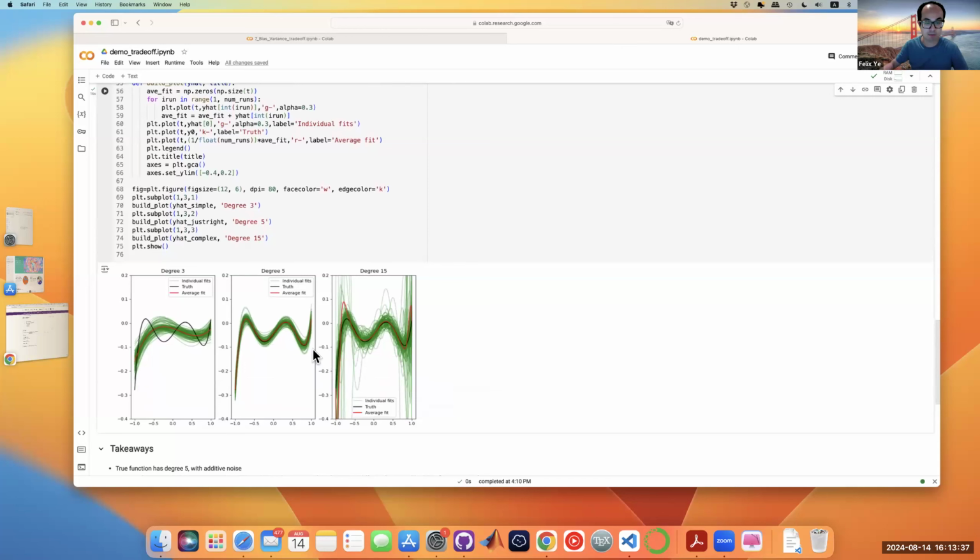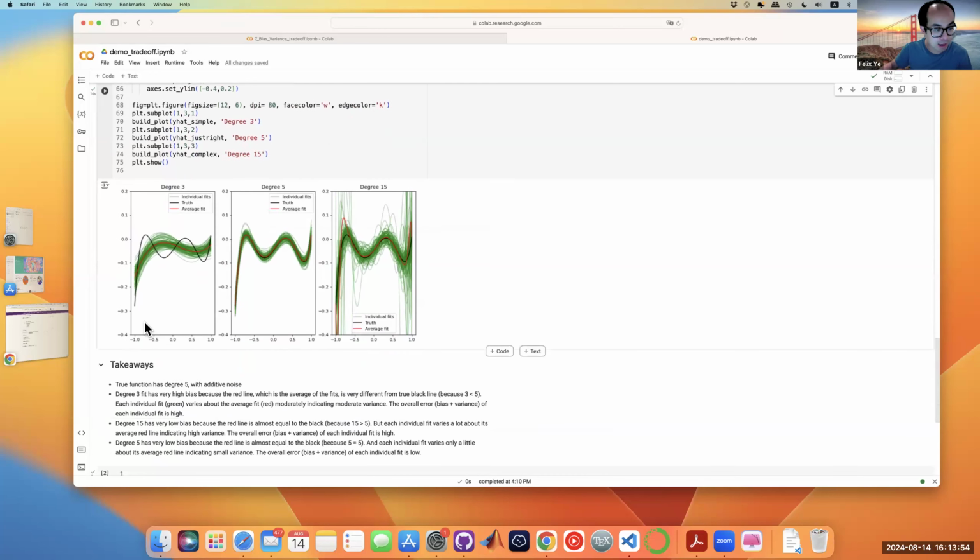So this actually gives you three regions. This is the underfitting, this is overfitting, and this is the perfect fitting. This is the right amount, matching the ground truth that we should be working with. You can see right here, for the degree 3, it has a very high bias. This is my average fit, which is my red line.